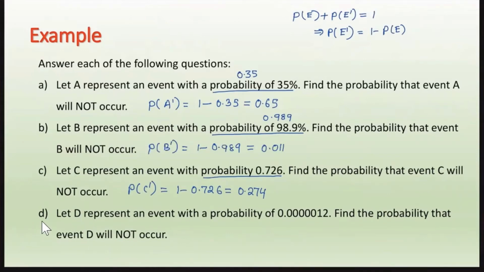If you look at D, it represents an event with the probability 0.12345 with zeros and then 1, 2. We have to find the probability that D will not occur. So we have to subtract this. Probability of not D is equal to 1 minus 0.12345 with zeros and then 1, 2.